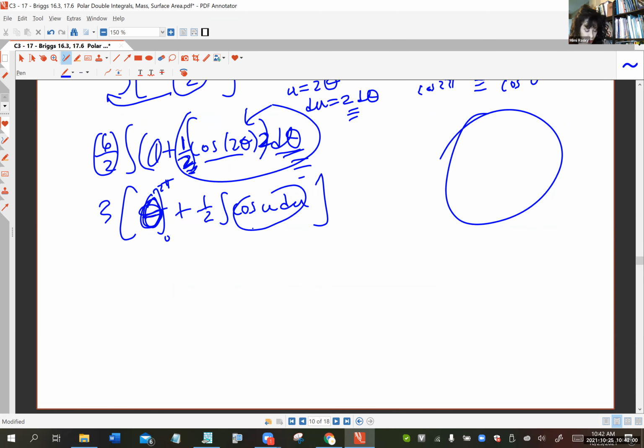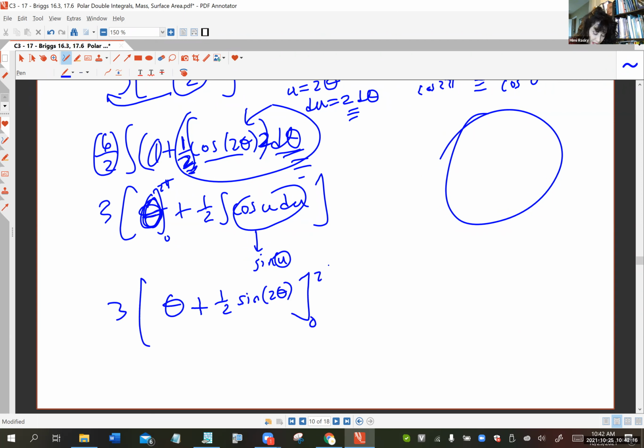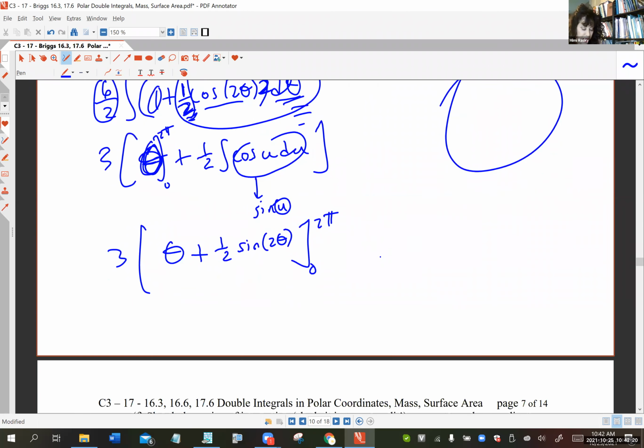And then the antiderivative of cosine of u is sine of u, not negative, positive when you're taking the antiderivative. And then you're going to back substitute what was u, it was 2 theta. So my antiderivative complete with respect to theta is the 3 out in front here, and then I've got theta plus 1/2 sine of 2 theta.